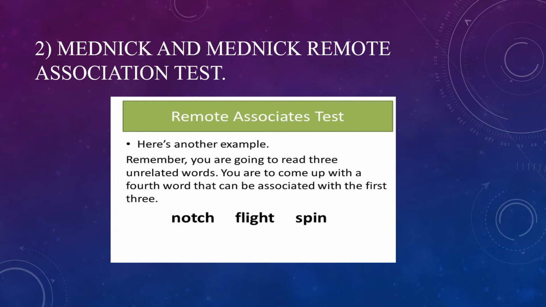Here they are trying to check your creativity level, that is, how creative you are in putting the words together. As you can see, notch, flight, spin. You may find some word that is very relatable, and I may find some other word that is even more relatable. So here you try to associate the words in a very creative manner. It is not necessarily right or wrong, but it is according to your creativity. So this is a remote association test.